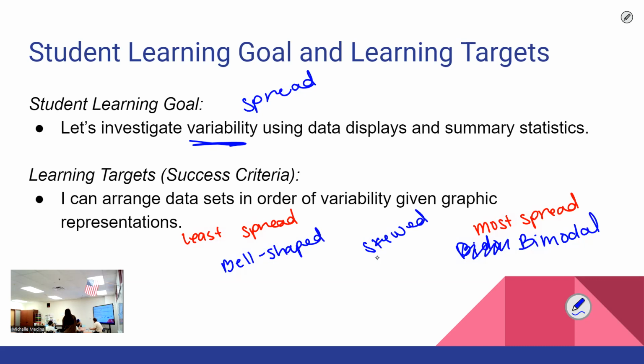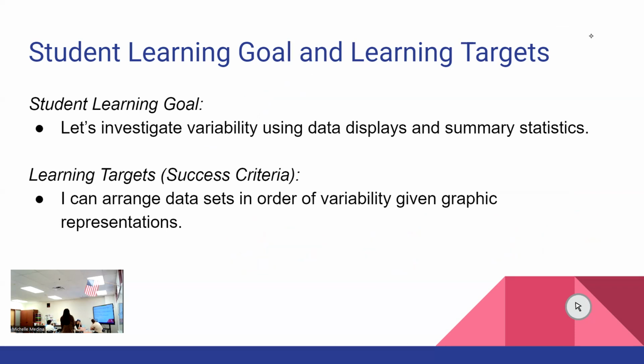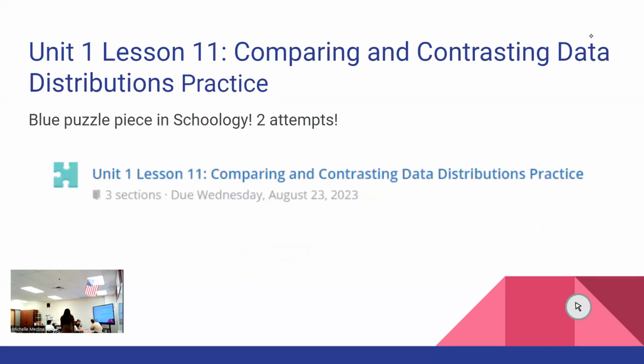Uniform. Usually more towards the middle, but I would say bimodal tends to be more spread out compared to bell shape, at least usually. Of course, you gotta take every data set into consideration. So yeah, looking at that for the end is what we did.